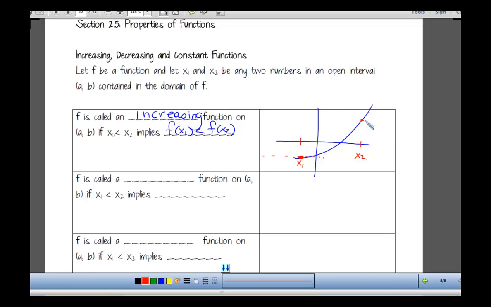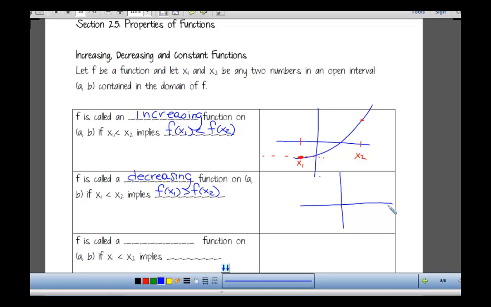All right, we say the function is decreasing on the interval from a to b if x1 less than x2 implies f of x1 is greater than f of x2. Okay, so same kind of situation, except this time we're going to end up with a function that's decreasing.